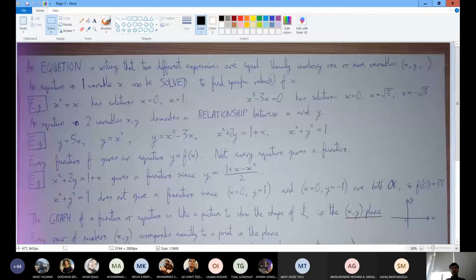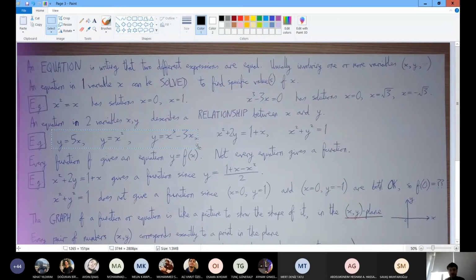Okay, now if you look at the first three of these examples, they might look familiar because they are the things we have been studying as functions. On the previous pages, we looked at f of x equals 5x, g of x equals x squared, h of x equals x cubed minus 3x. We studied them as functions, and now they've cropped up again as equations.